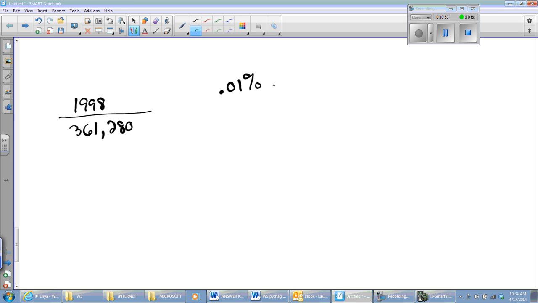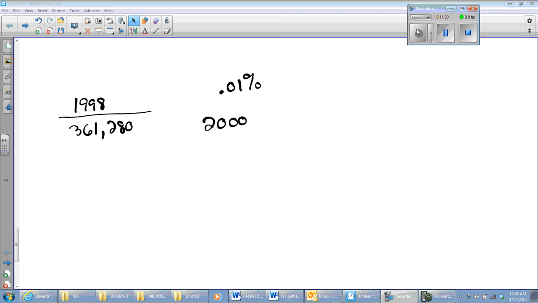Okay, and then in 24, 25, 26, 27, they ask you to calculate the population in given years. Well, in 2000. Okay, so from 98 to 2000 would be 2 years.